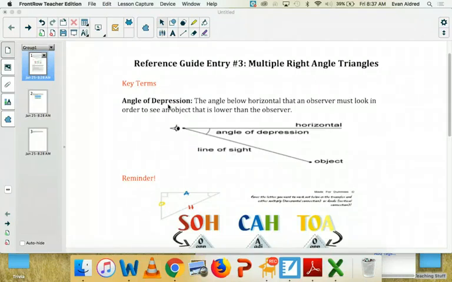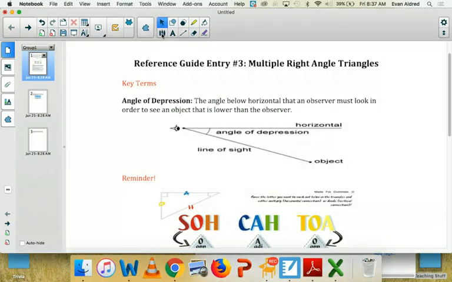The angle of depression is the angle below the horizontal that an observer must look in order to see an object that is lower than the observer. Now, you can see in this diagram where the angle of depression is. It's found between the horizontal line and the diagonal line.